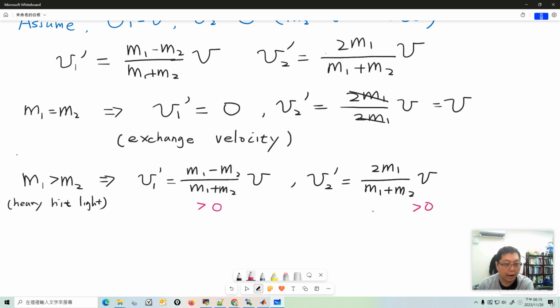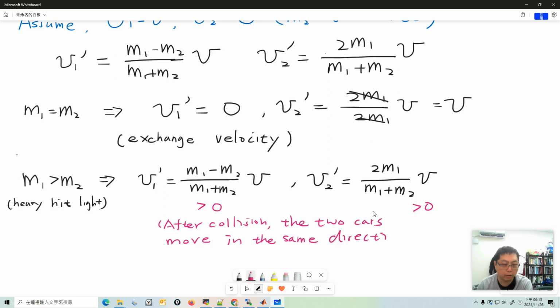So after the collision, the two cars move in the same direction, both moving to the right. So that's when the heavy car hits a light car.